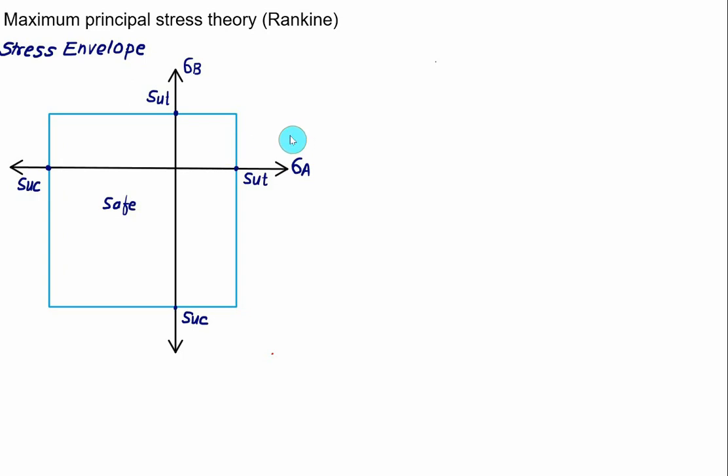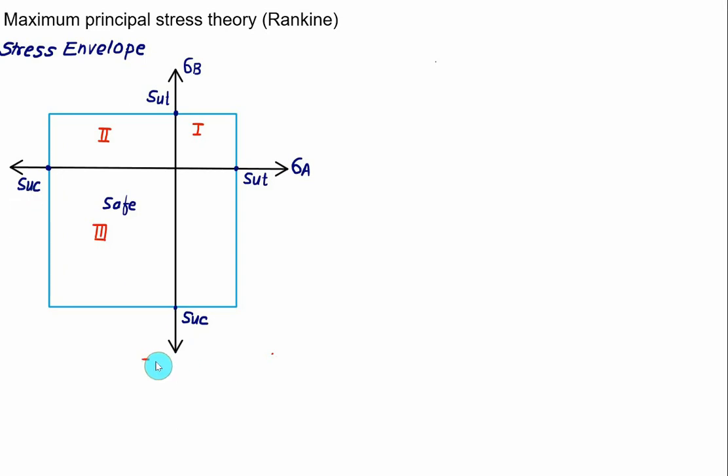The question is how to calculate the value of factor of safety if both the principal stresses lie in the first quadrant. In the first quadrant, sigma A and sigma B both are tensile in nature, whereas in quadrant 2, the value of sigma B is positive, that is tensile, and the value of sigma A is negative, that is compressive. So one stress is tensile and one stress is compressive. And in quadrant 3, both the stresses, sigma A and sigma B, are negative.